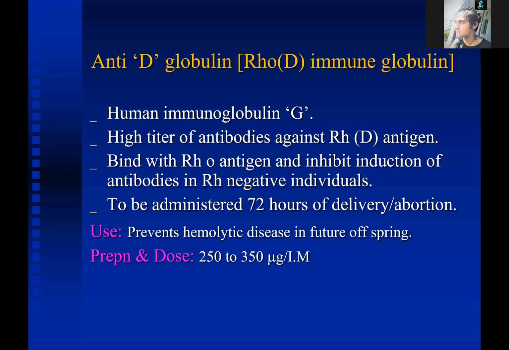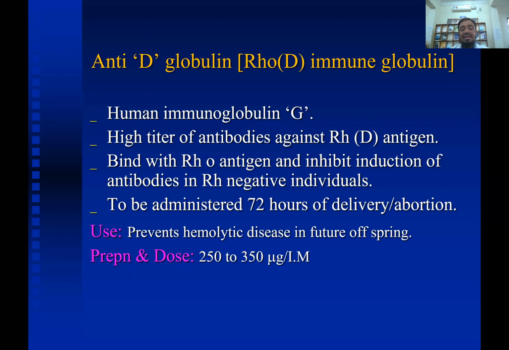So what do we give? RHD immunoglobulin or anti-D immunoglobulin. This Rho D immunoglobulin is given within 72 hours of the delivery of the first child, because we want to neutralize all the antigens. It can also be given when there is abortion, and some obstetrician gynecologists give it in the last trimester also.